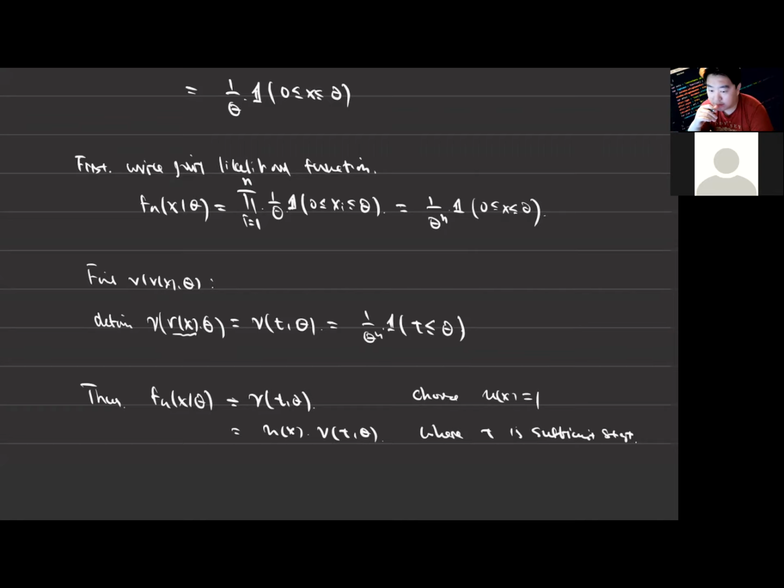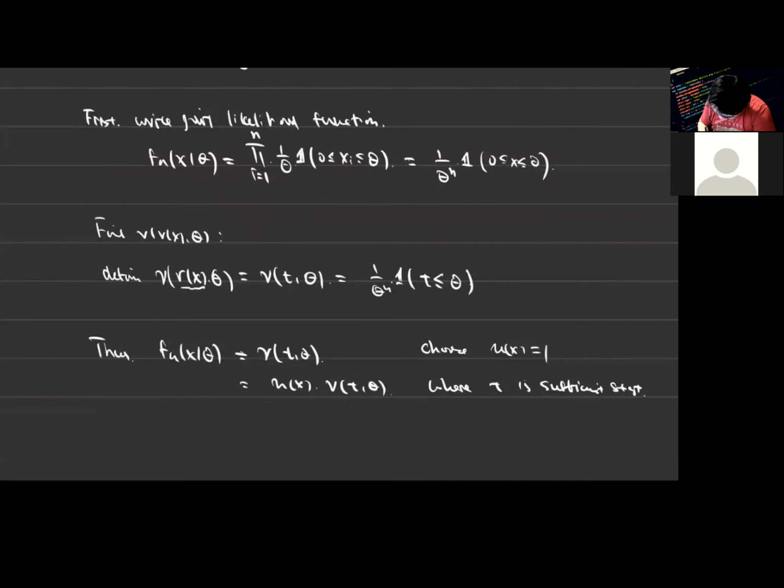That's essentially the minimum range of theta, and that ties up to the idea of MLE. So here, let's be a little more careful. This t should really be the max of x1, x2, all the way to xn, and it's really just x order n.